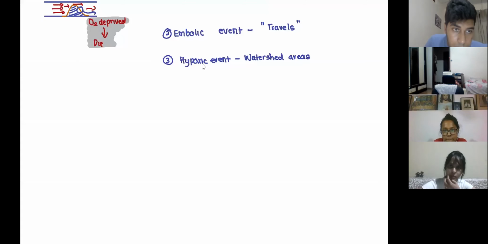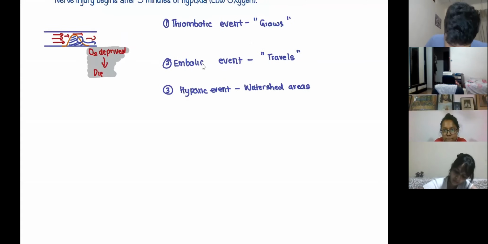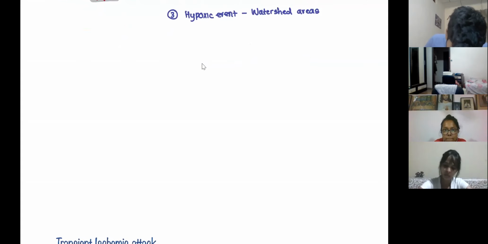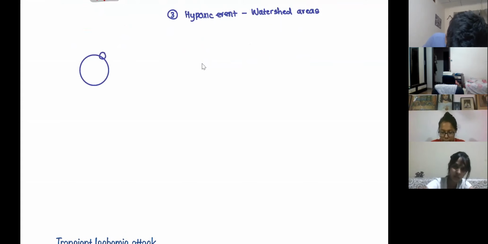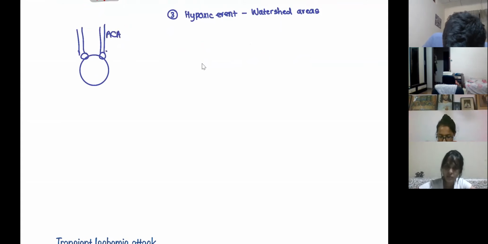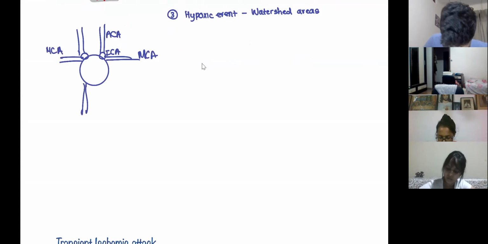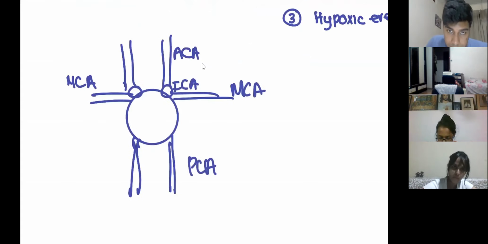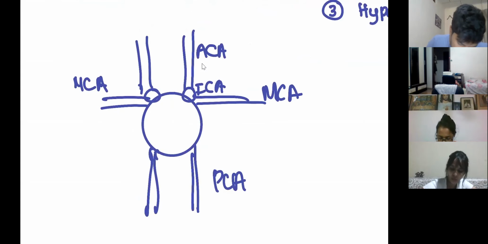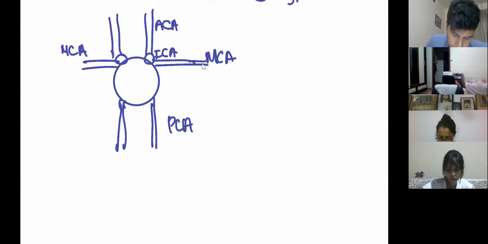Now let's draw the circle of Willis. What I need you to understand is, usually the anterior ACA, ICA, MCA, and PCA. The reason our body has developed this circular structure is to try to avoid this situation. So what does that mean?